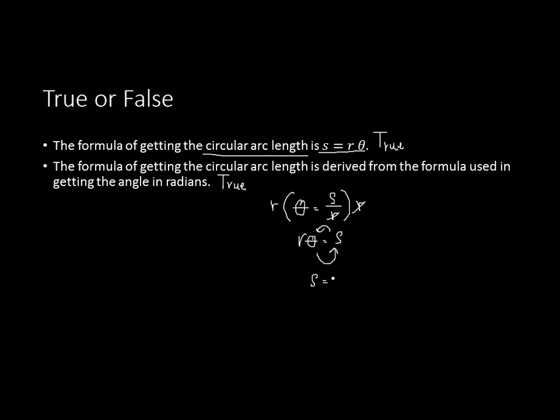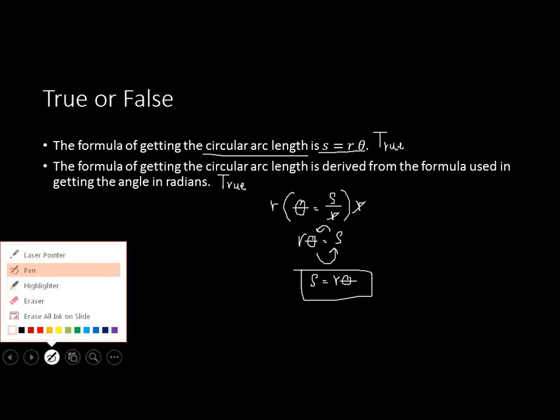So we have S is equal to R times theta. It is valid to interchange the sides between the left and the right side. So, yes, it is true. Okay?